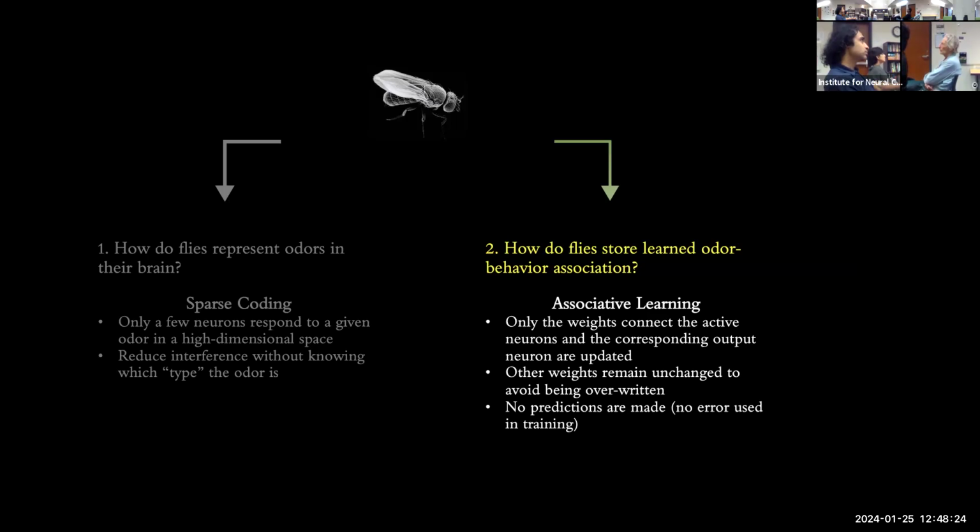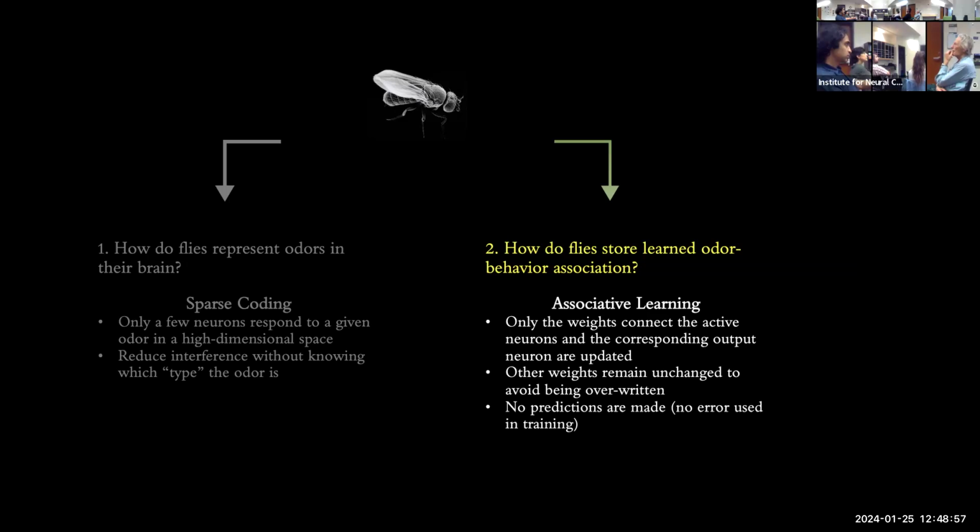During this type of learning, only the weights connecting active Kenyon cells and corresponding output neurons are updated, and other weights remain unchanged, so you can avoid the learned information being overwritten by learning. Another thing to notice here is that there are no predictions made during this training. So there's no error, no credit assignment or backpropagation involved in this type of learning.